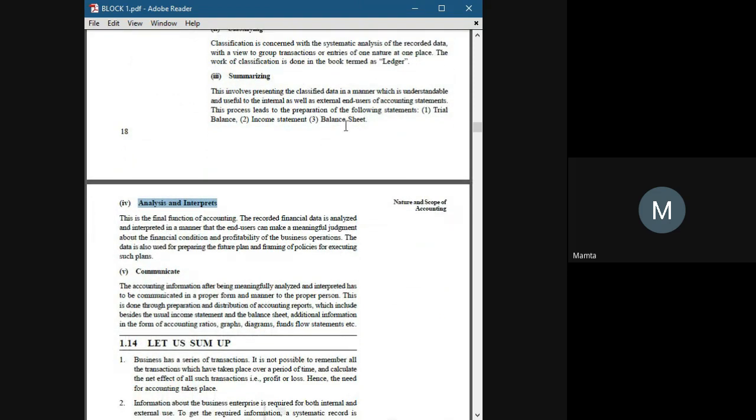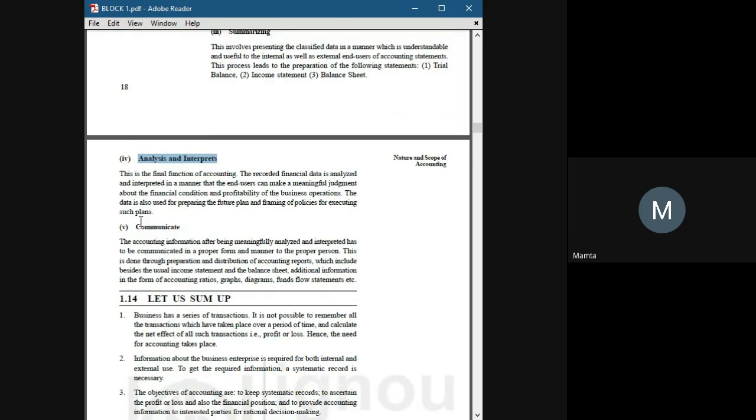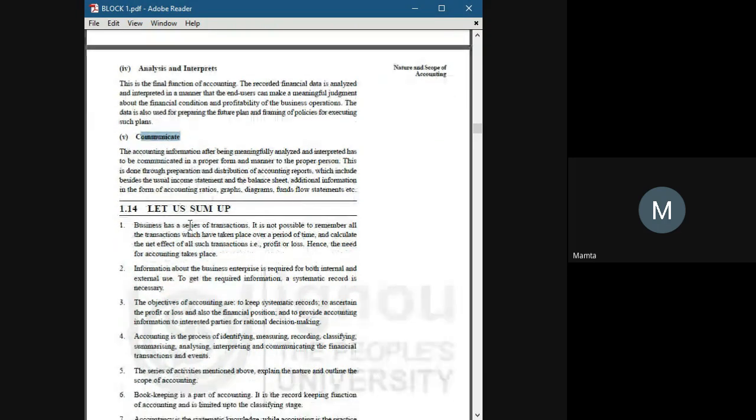After preparing balance sheet and all, we finally can interpret our transactions, like if we made profit or how much profit. Then communicate. Then we provide the information to the users of final accounts, the financial statements.